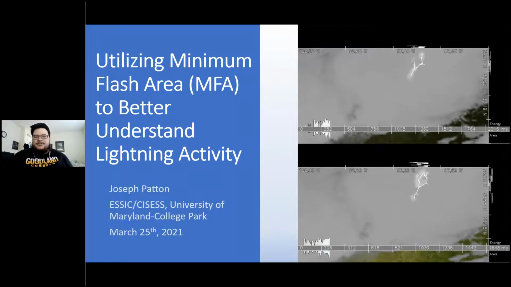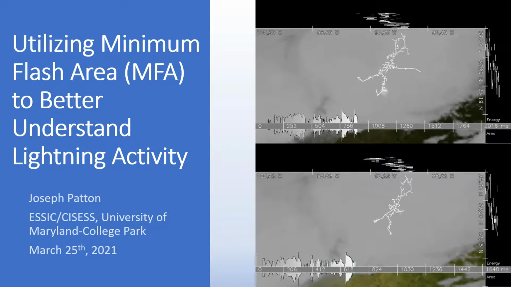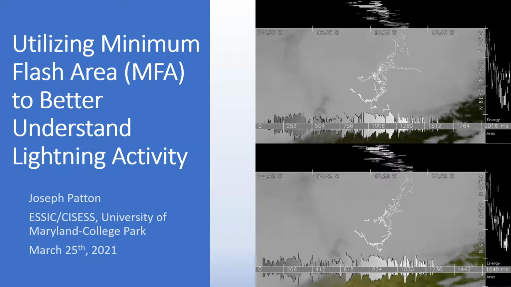So today we're going to be talking about the minimum flash area gridded product. I wanted to start off with this image that shows a flash from the perspective of the GOES-16 and GOES-17 GLMs. This multi-second flash is not only an interesting video, but also illustrates the need for the gridded GLM products.